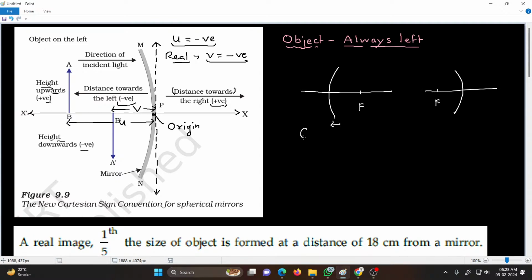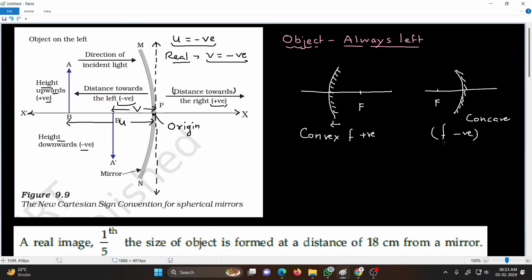So for the convex mirror, f is positive, and for the concave mirror, f is negative.